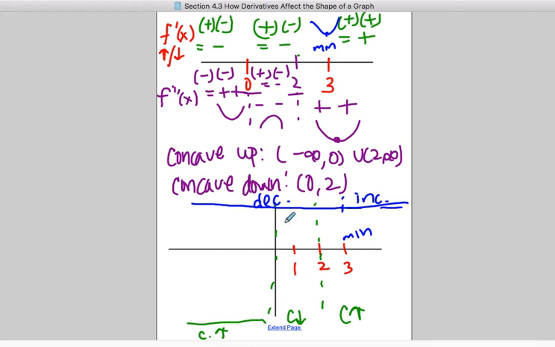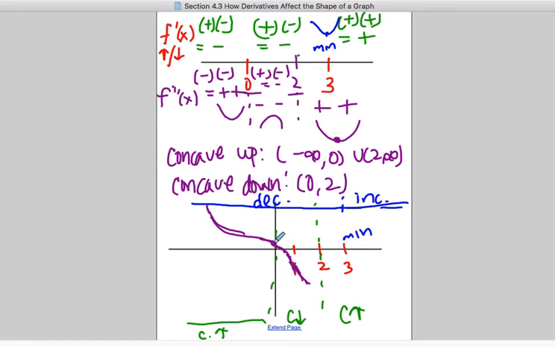So we have to be decreasing and concave up. Then I'm going to switch to concave down, so there's an inflection point here. So let's go ahead. Decreasing, concave up. Then I get here, and we're going to switch to concave down, but still decreasing all the way till 2.